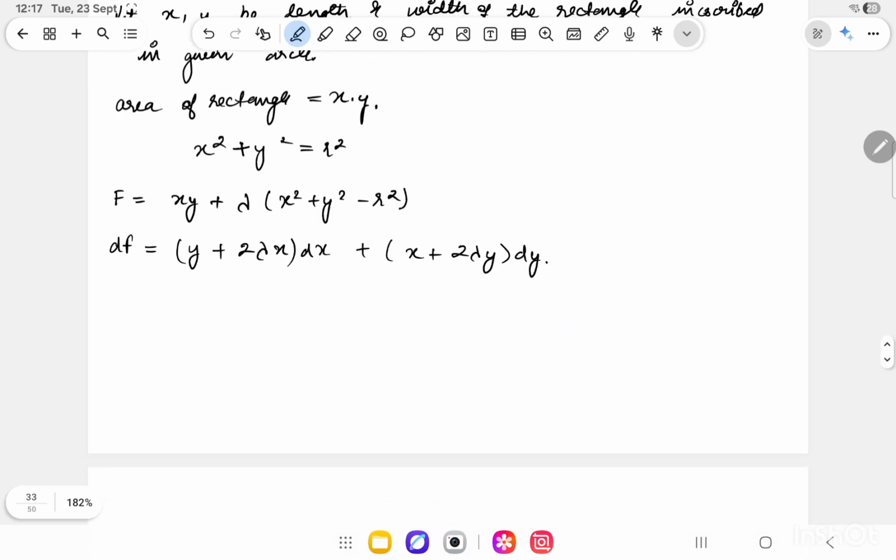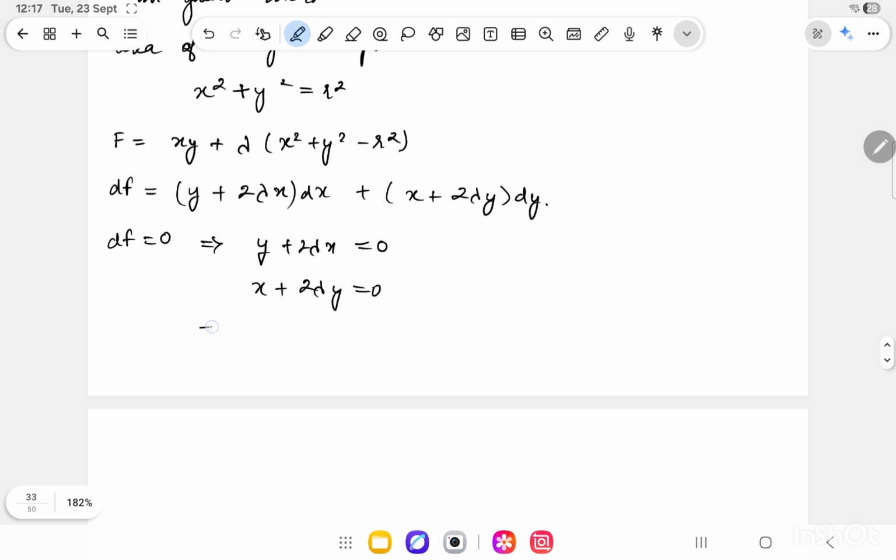Now if I equate it with 0, I'll get y plus 2 lambda x equals 0 and x plus 2 lambda y equals 0. From here, I'll get 2 lambda equals minus y by x from equation 1, and from equation 2 I'll get 2 lambda as minus x by y.